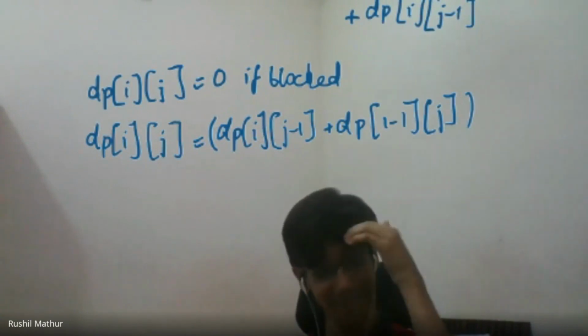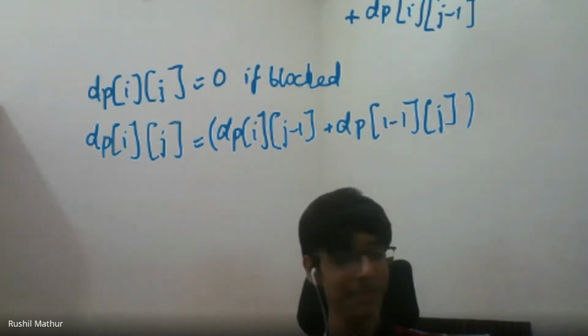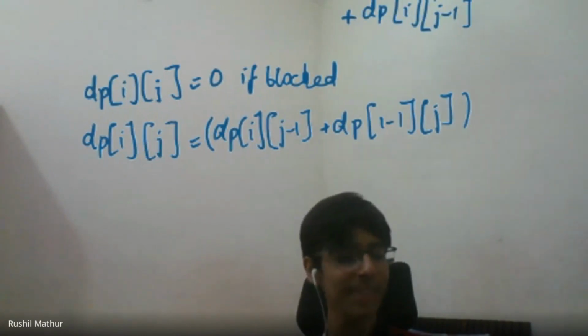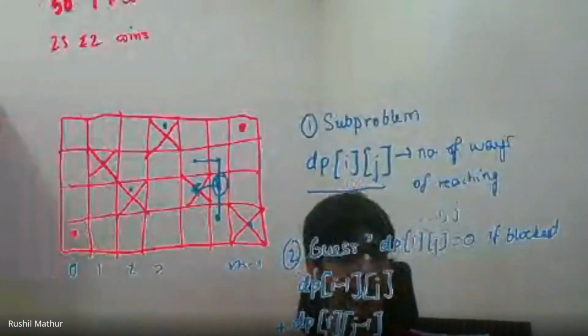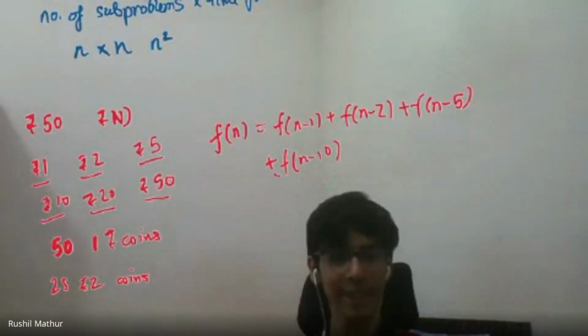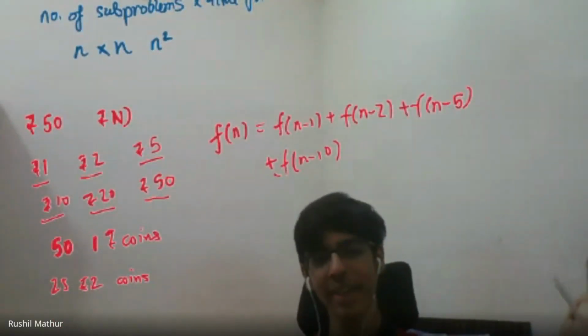So basically, usually we stick to 1 or 2 dimensions, and it depends on the problem completely. Sometimes problems which are very similar to the one we did earlier with these coins can also require 2 dimensions.